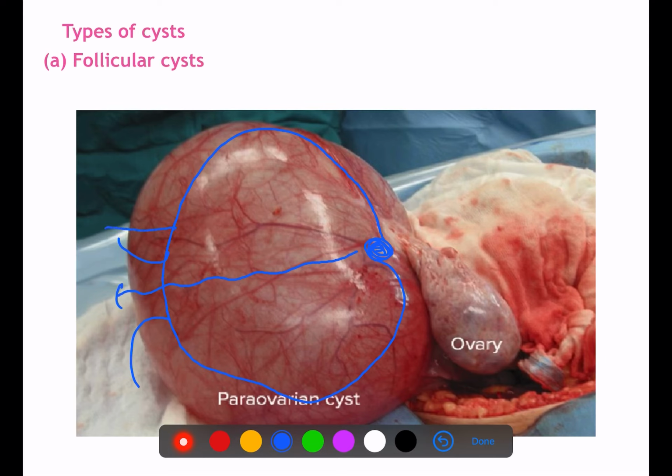Sometimes this part of maturation, the part of ovulation, fails, and the follicle persists, and due to failure of ovulation a follicular cyst develops.